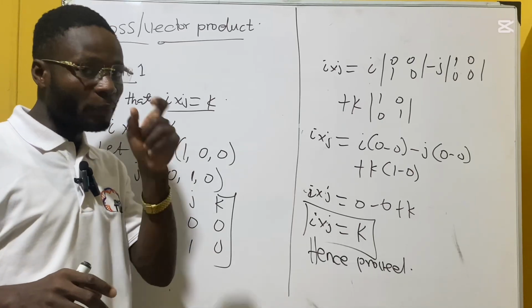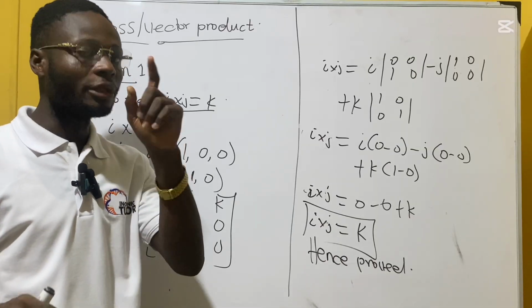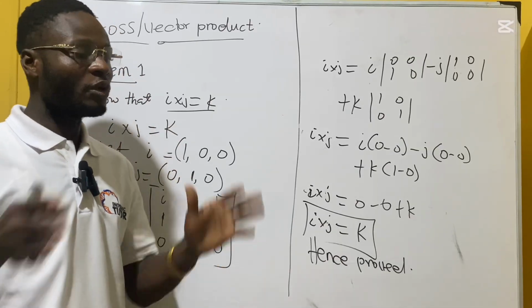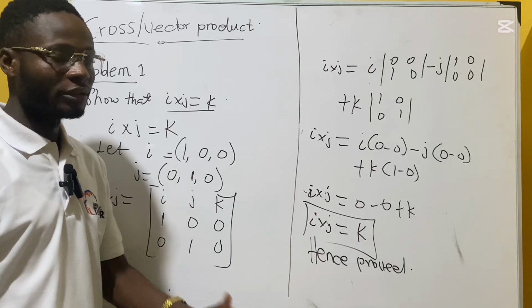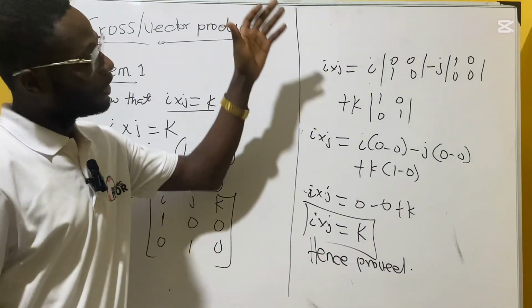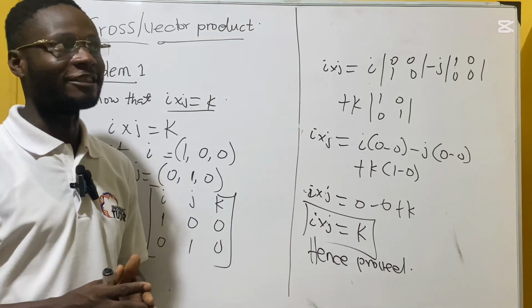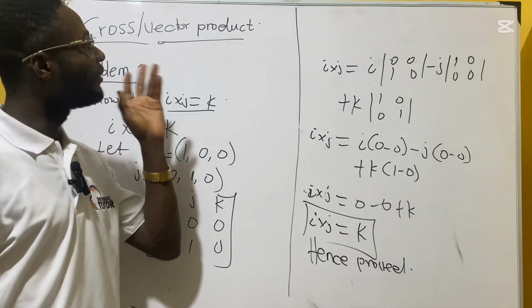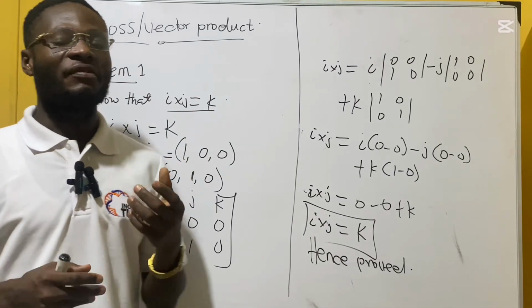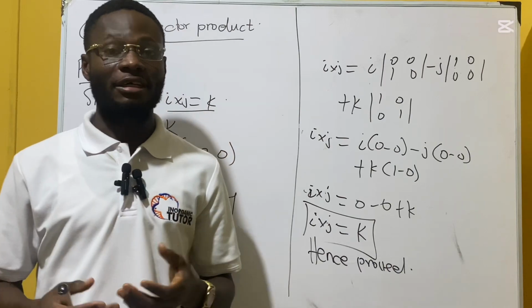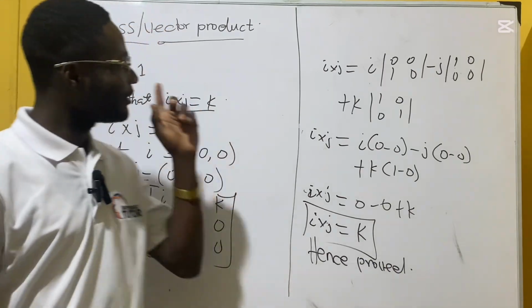Then J, the position side of J will be 1. Then the rest will be 0. Then you present it in a matrix. That is the process. You know how to find determinants, then you are good to go. In vector product, it's all about finding determinants and stuff, okay? So that is problem 1.